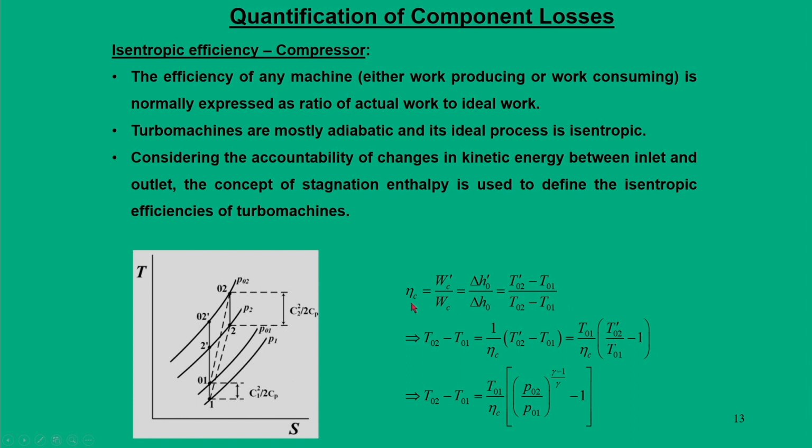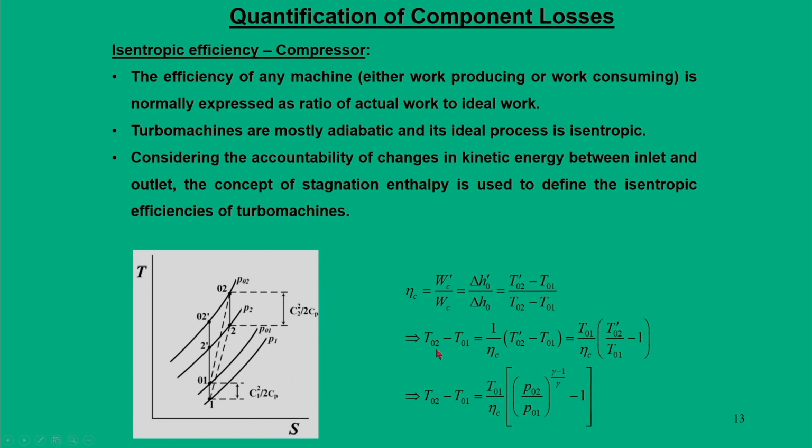For a work consuming device, the isentropic efficiency can be defined as the isentropic work to the actual work. The isentropic work will be less, so the compression efficiency is defined.